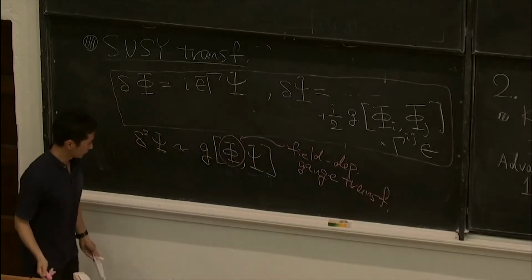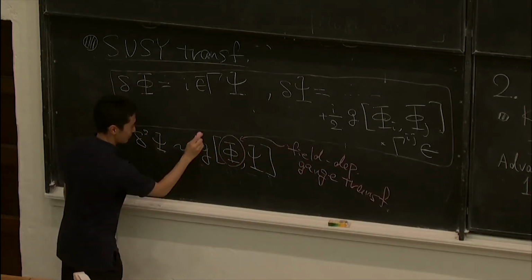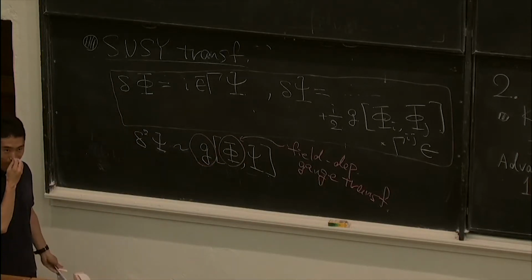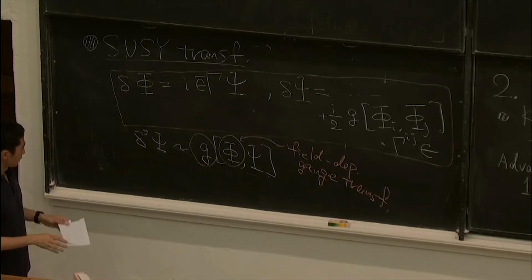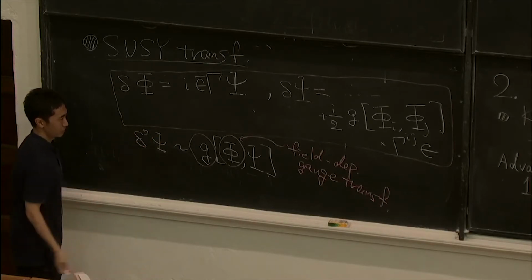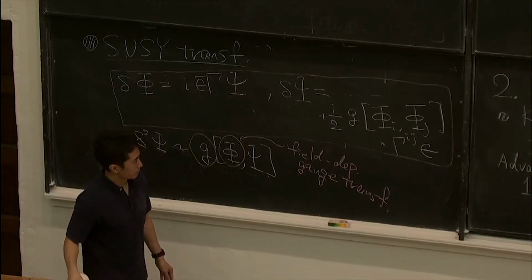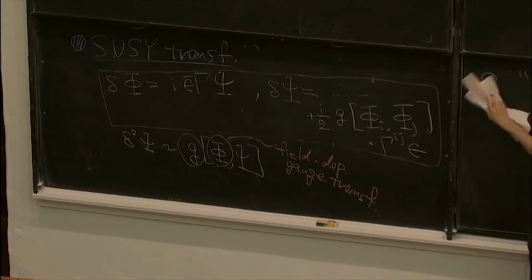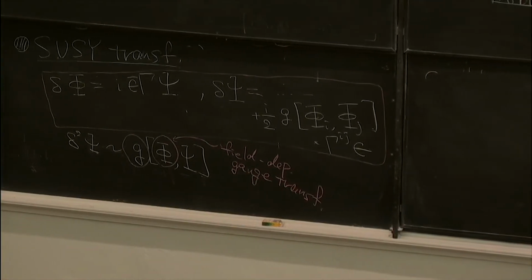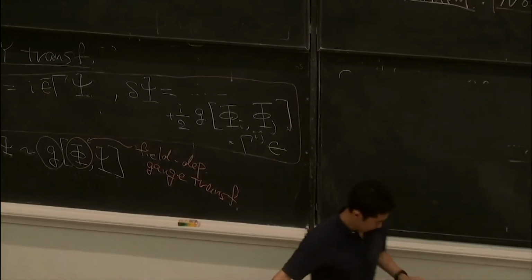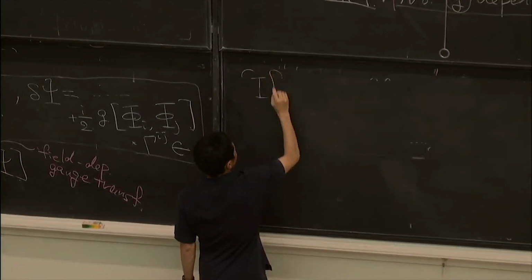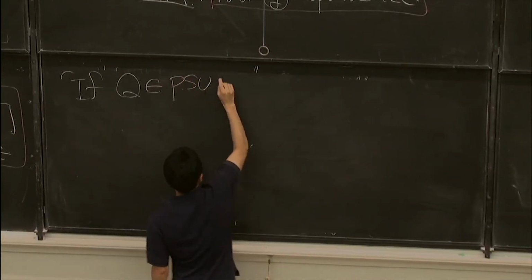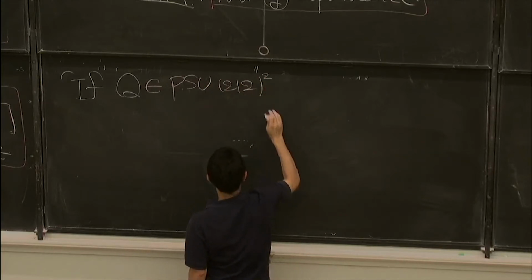And I should point out, just because this is gauge symmetry, it knows about the coupling constant. So this is a kind of generic symmetry transformation structure. And in particular, if you consider a supercharge which is inside PSU(2|2) squared that I was talking about.